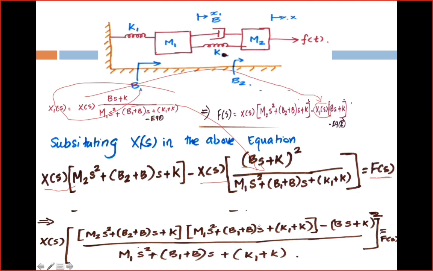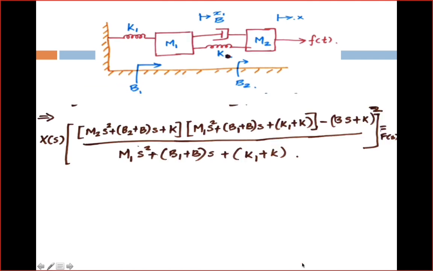When you are taking this x of s outside and cross multiplying these two terms, you will get x of s into this first term, and into this second term, minus bs plus k the whole square divided by this term. So we have to simply rearrange this equation to obtain x of s and f of s.